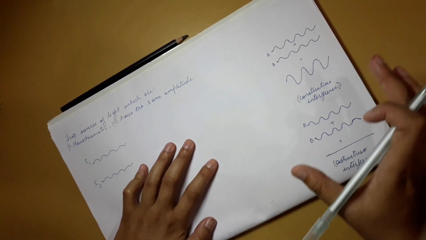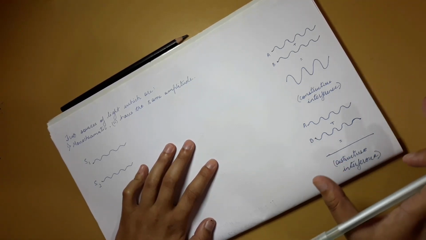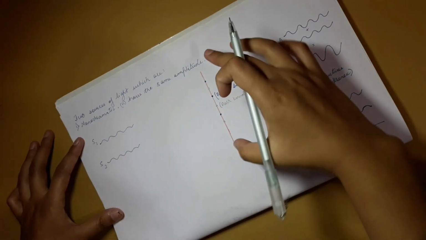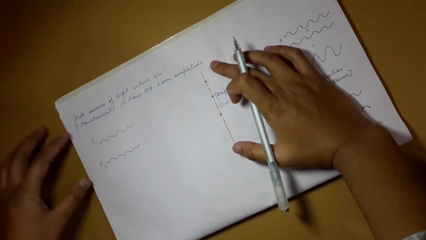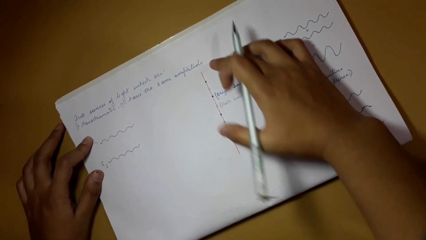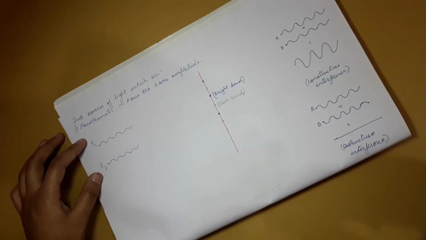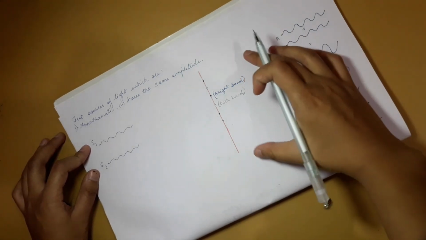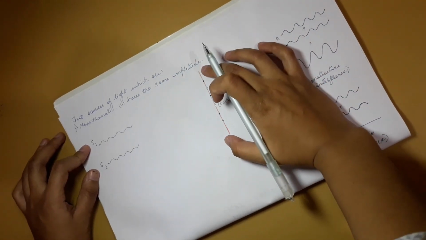Now, this is the basis of interference of light waves. Let's check out what happens if you bring a screen in front of the two light sources. The waves from the sources of S1 and S2 need to travel some distance in order to reach this screen, right?